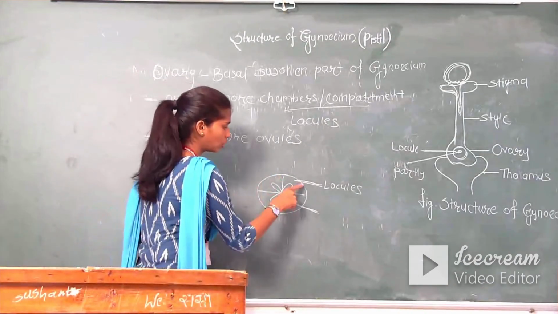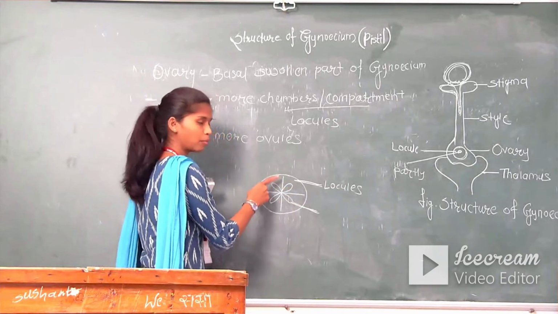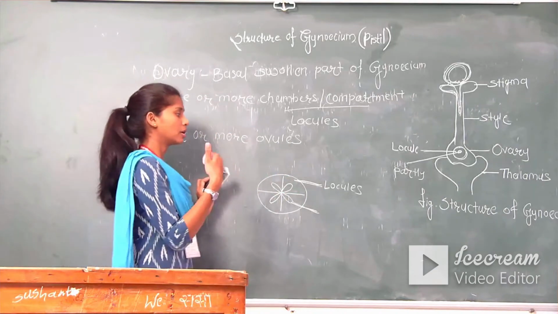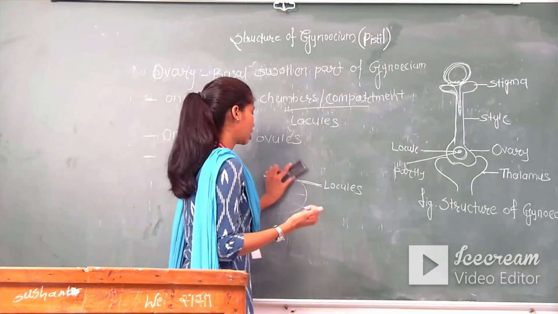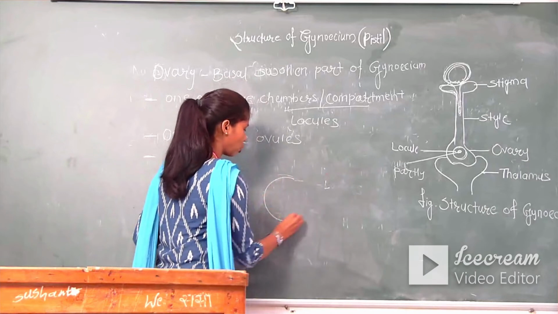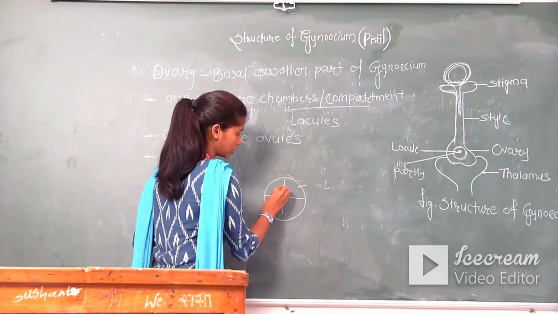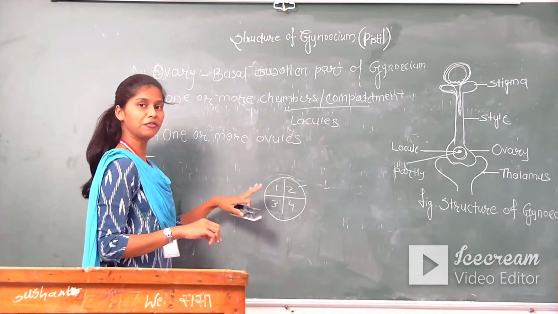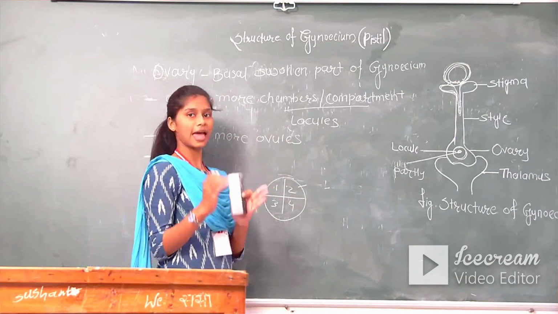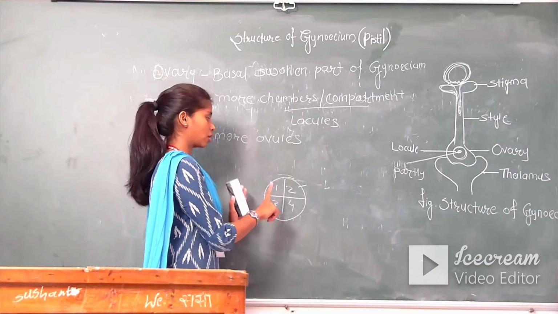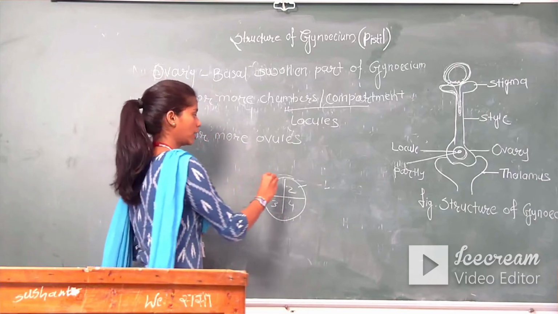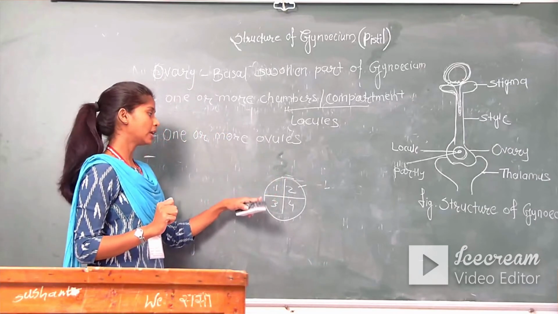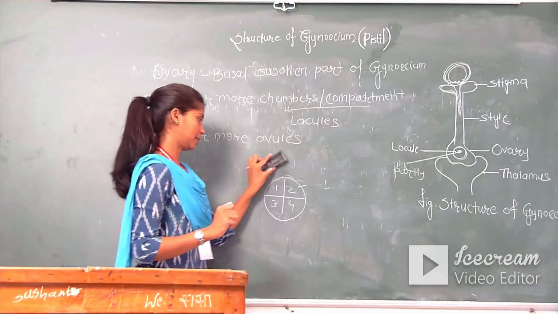Depending upon the number of these locules, they are considered as the number of carpels. If suppose this ovary has 4 locules, 1, 2, 3, 4, then it is considered that this gynoecium or this flower has 4 carpels. So the number of locules is considered equal to the number of carpels.